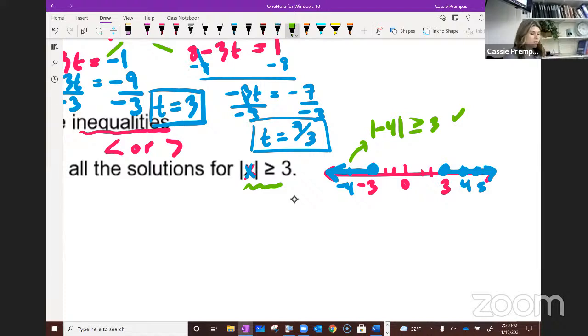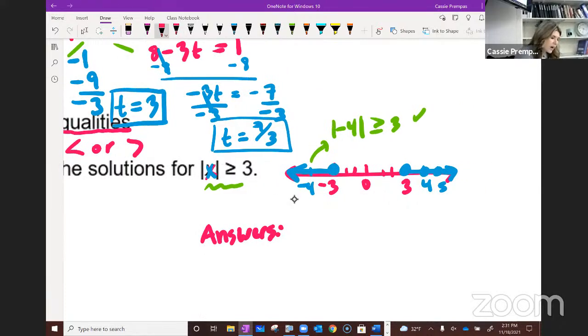We are going to be solving a lot of these algebraically. So my answers, if I didn't have them graphed, would look like this. I would say x has to be greater than or equal to 3, or x has to be, and I'm going to purposefully put this in a different color, less than or equal to the opposite of 3.